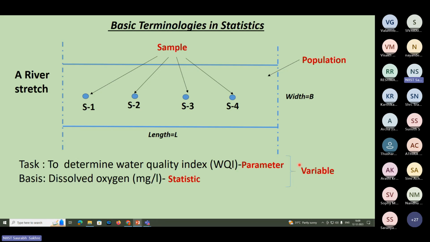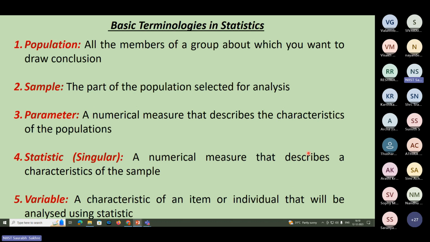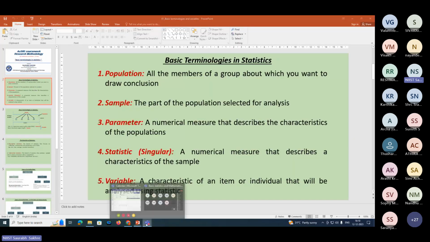Parameter and statistic together are called variable, since it has the capacity to vary with time, with location, and with some other dependent parameters also. From the English perspective, it is something which is able to vary, and that's why we call it variable. So I hope these five definitions are crystal clear to you.